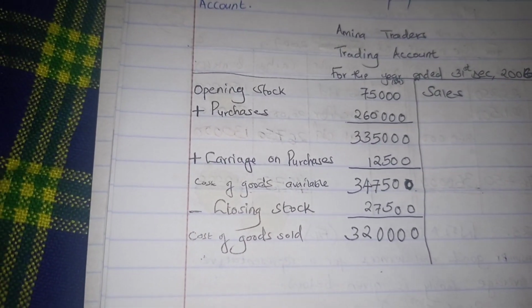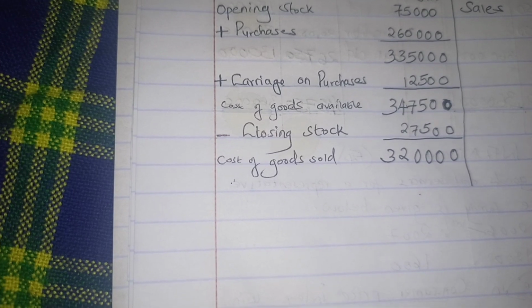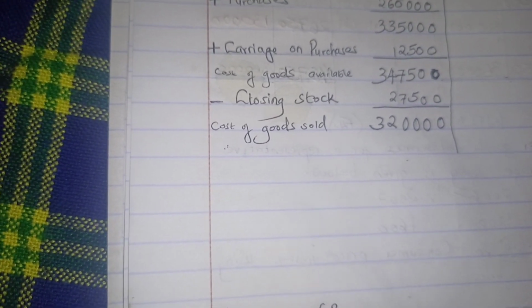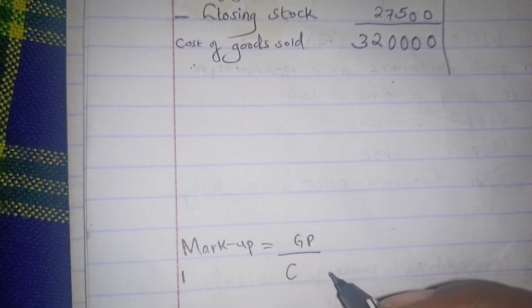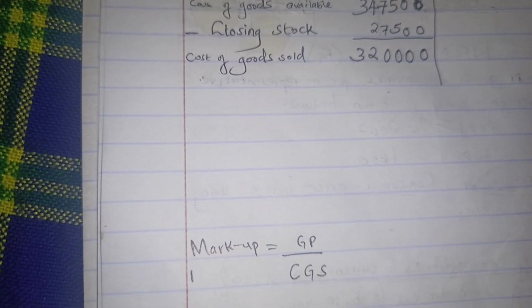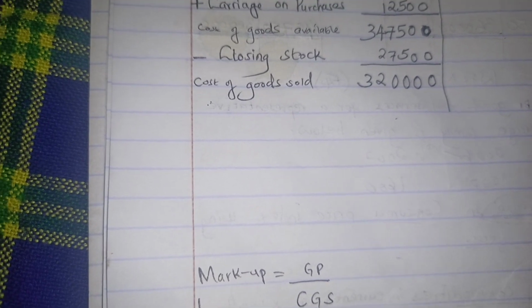So how do we calculate markup? Markup is the ratio of gross profit to cost of goods sold. Now we have markup, which is 25%, and we have cost of goods sold.